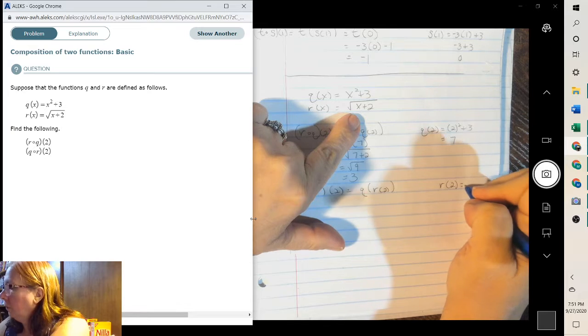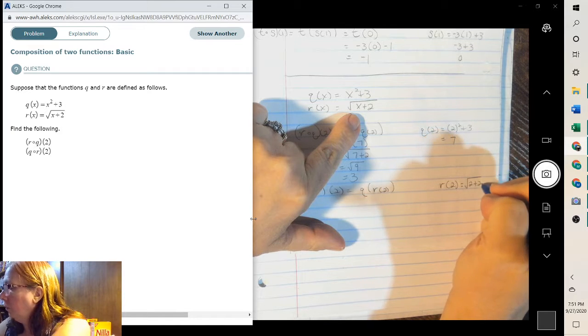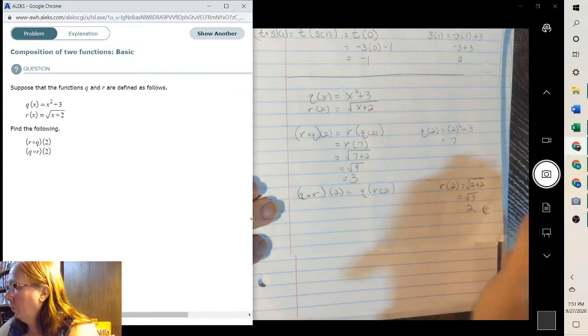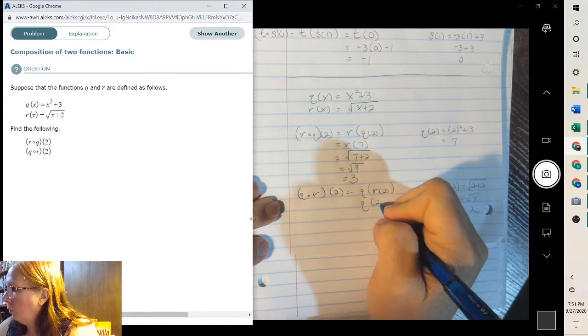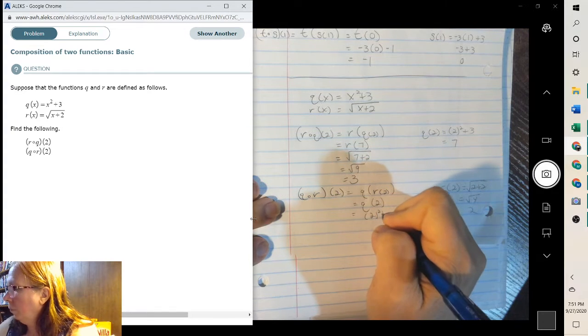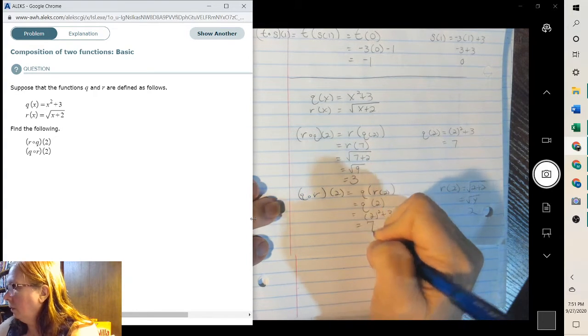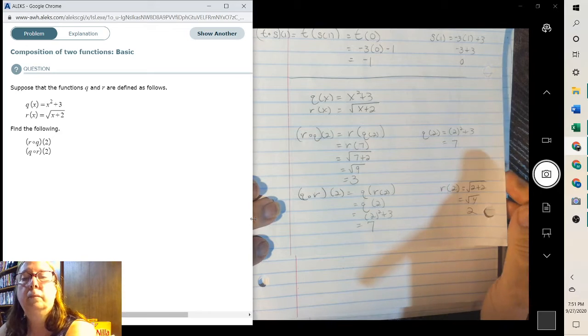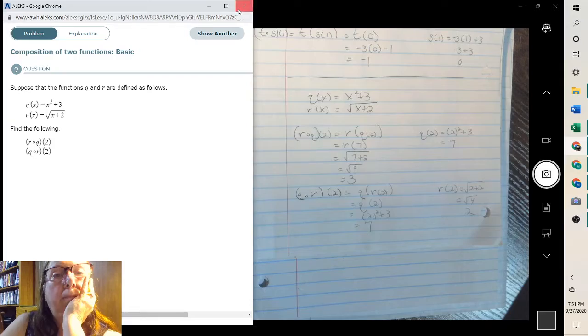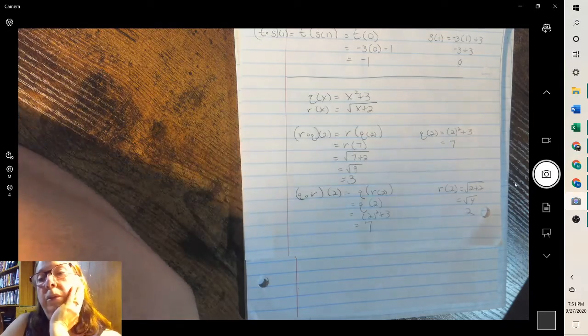R of 2 is the square root of 2 plus 2, which is the square root of 4, which is 2. So we're finding q of 2. 2 squared plus 3 is 7. That's all there is to those.